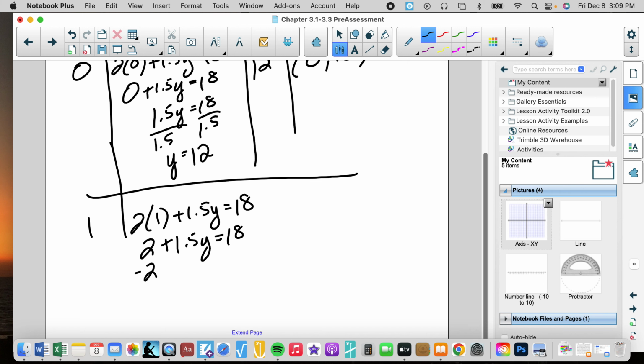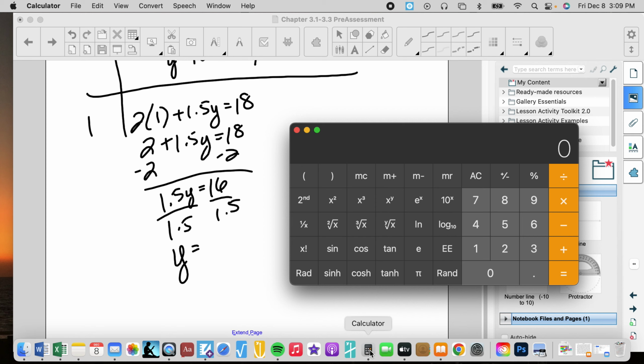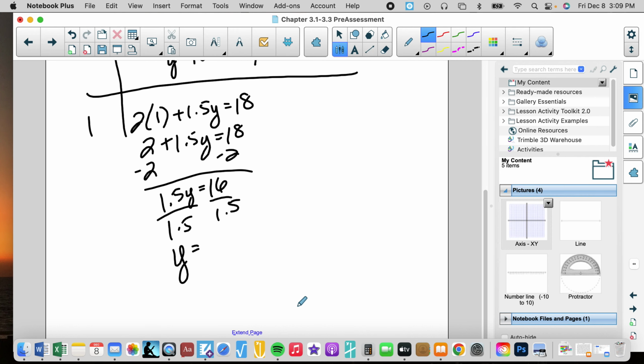And then we subtract 2 and you get 1.5y equals 16. That's not going to be a clean number. That's going to be a decimal. And actually this is good, we need to see what this value represents. 16 divided by 1.5 is going to give me 10.6 repeating.